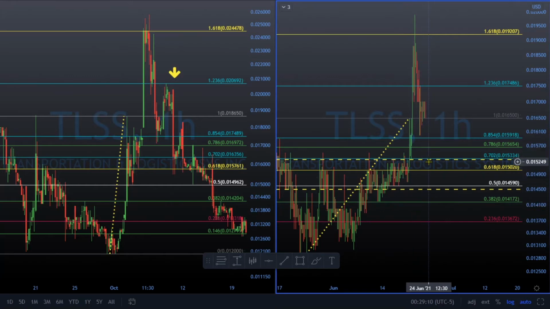It's kind of a range, but that's where I expect the back test to happen, with my target being at 0.015. All right, that's my target. But I expect the back test to take place anywhere in this level.